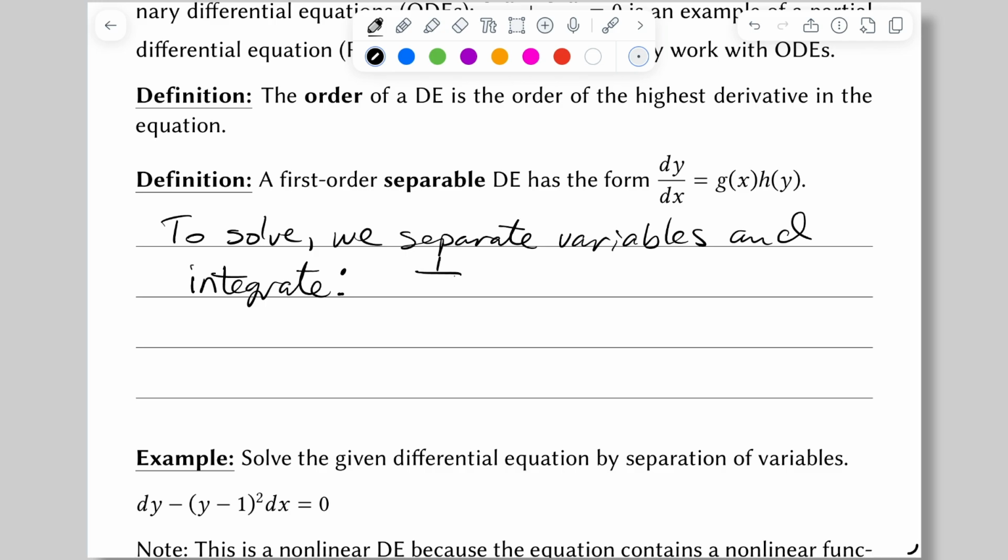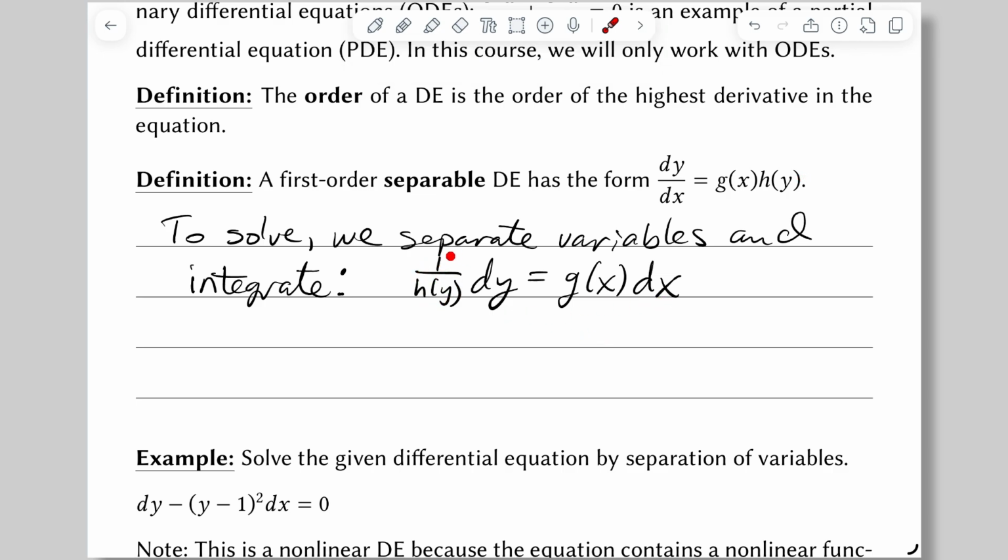And we have 1 over h of y times dy is equal to g of x times dx because first derivatives act like fractions and we can quote-unquote clear the fraction. Now this 1 over h of y is still just a function of y, so we can rewrite that. Say we'll call it p of y dy is equal to g of x dx.